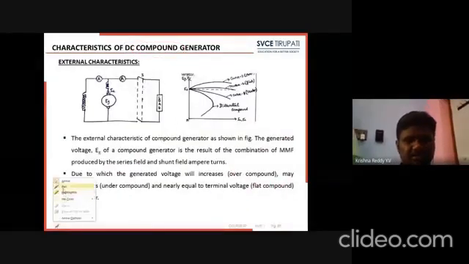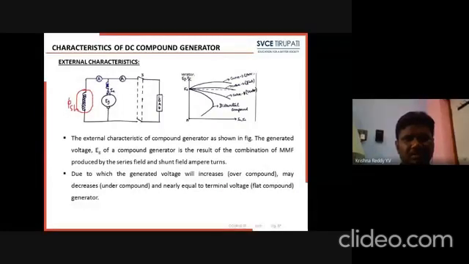External characteristics. Here we have the shunt field winding, which produces shunt field flux φsh. Due to the large number of turns, it produces a high amount of shunt field flux. The series field winding produces φse. It has fewer turns, that's why it produces a smaller amount of flux.